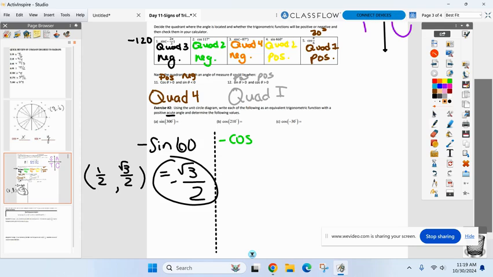All right, so there's the first part. You wrote it as an acute angle. What's the coordinate at 30? Radical 3 over 2, comma. Which one do I want if it's cosine? But with a negative.